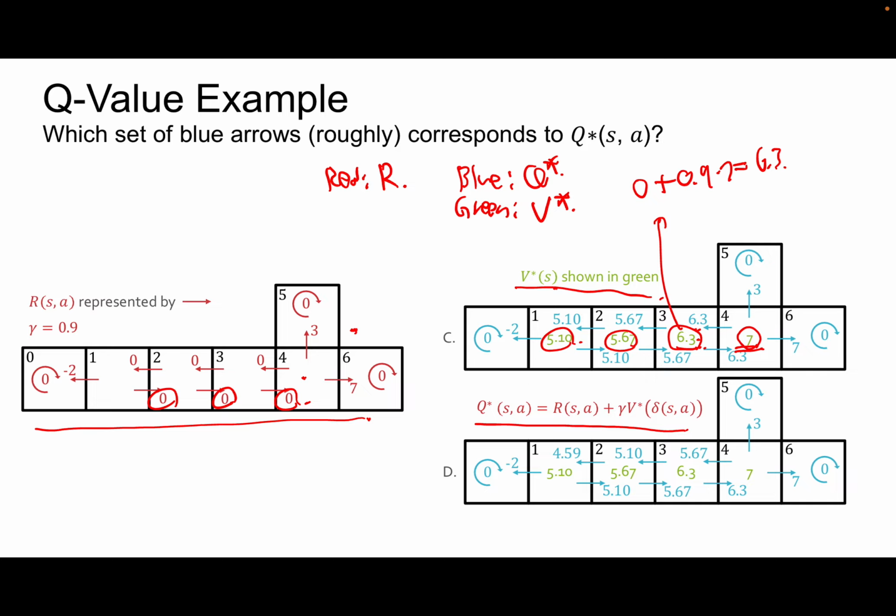So this one, for example, is 0.9 times 6.3, and this one is 0.9 times 5.67. So we computed the value function, and now our goal is getting the optimal Q value function.